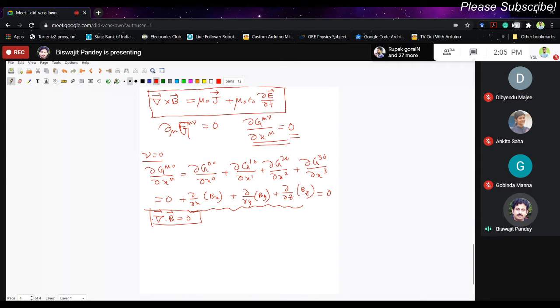We have another equation, which is the Faraday's law, right? So let us do it for nu equal to 1. If we calculate it for nu equal to 1, so that will be del G mu 1 del x mu.